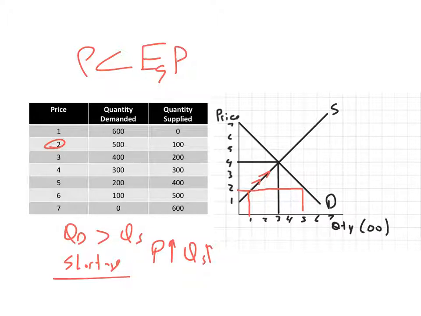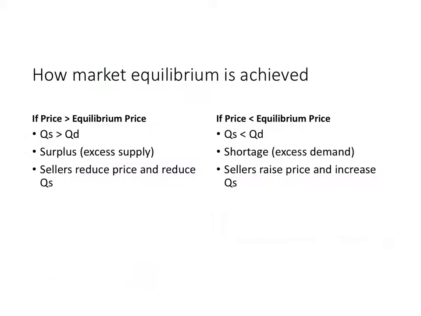Higher price means that quantity demanded will fall, and so again we see a convergence to this equilibrium price and equilibrium quantity. Equilibrium price is $4 and equilibrium quantity is 300 units. So whether the price is above or below equilibrium, we see an adjustment in the market. Firms respond by decreasing or increasing the price.